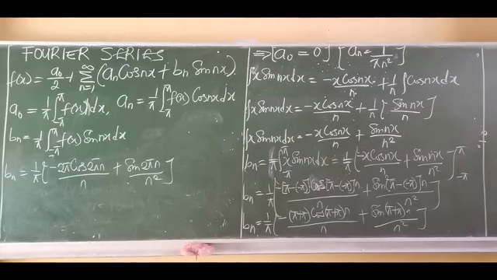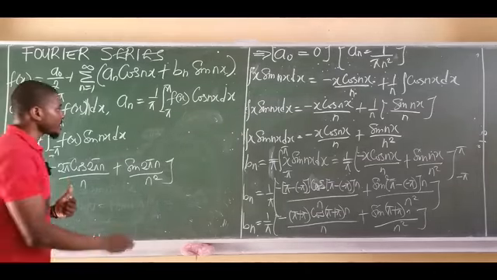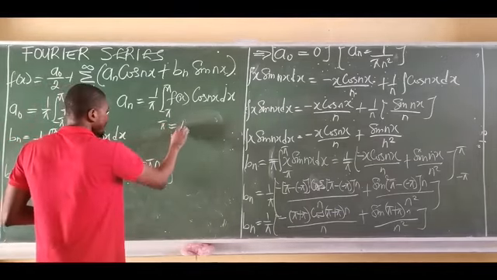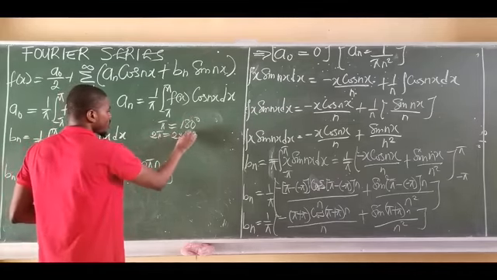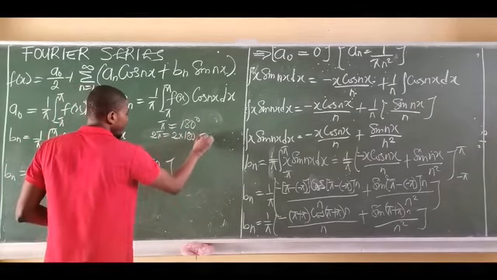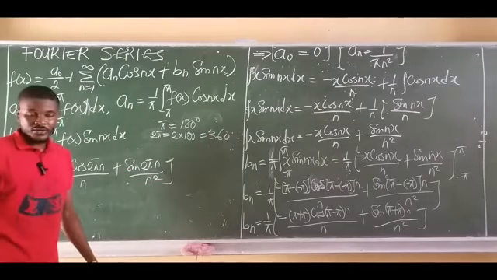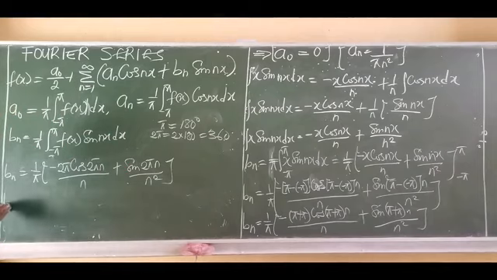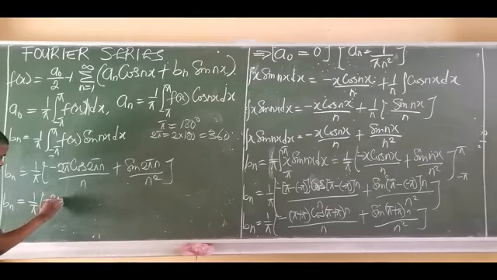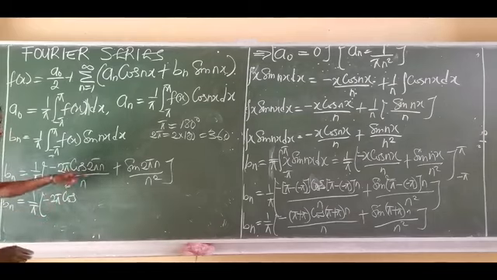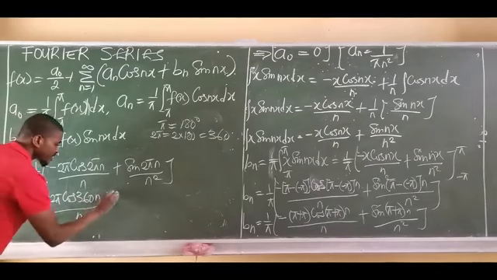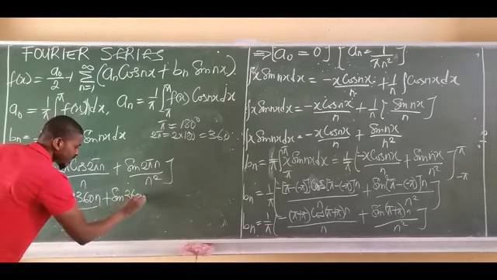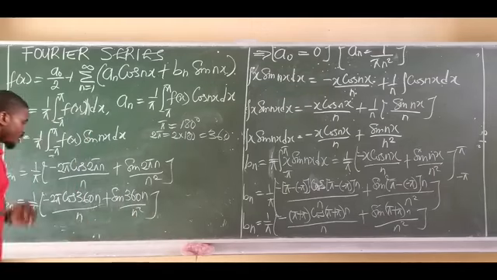Okay, so I said earlier that in front of a trig function, pi appears as 180 degrees. That means 2 pi automatically becomes 2 times 180, which simply gives us 360 degrees. So this is now Bn equals 1 all over pi into minus 2 pi cos 360 n all over n plus sine 360 n all over n squared.